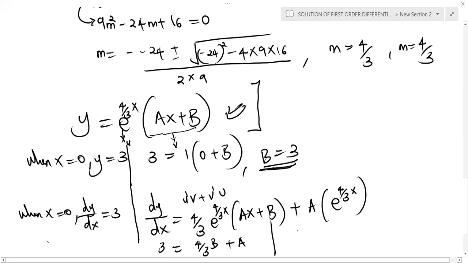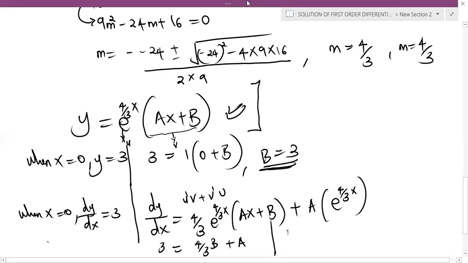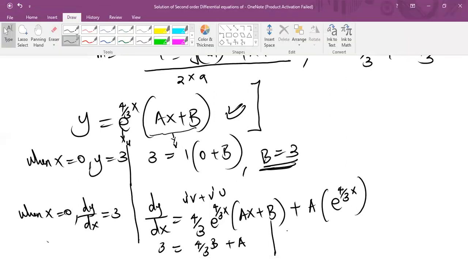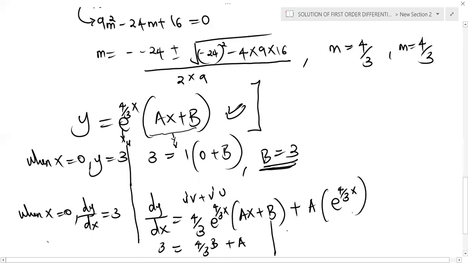So replacing 3 here, we have 3 is equal to 4 over 3 multiplied with 3. That will be 4 plus a. So what's the value of our a? Our a is clearly equal to -1.